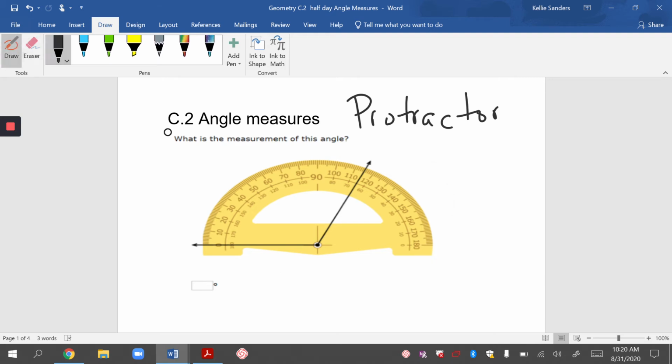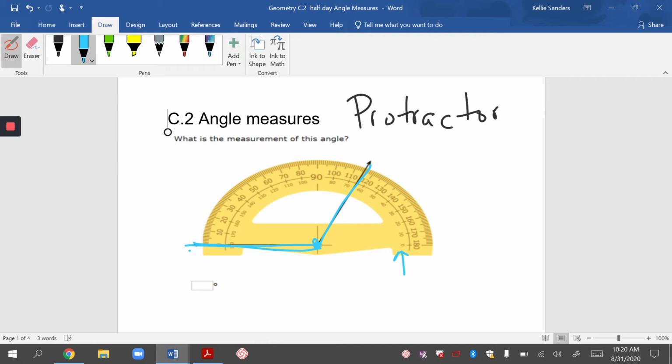So what happens is, if you just had this angle right here, you would put the vertex on this center circle and then line one of the rays at 0. You have two zeros. You have this 0 on the outside and then this 0 on the inside.